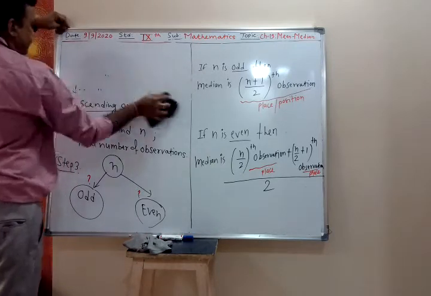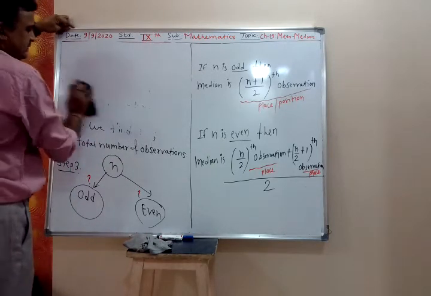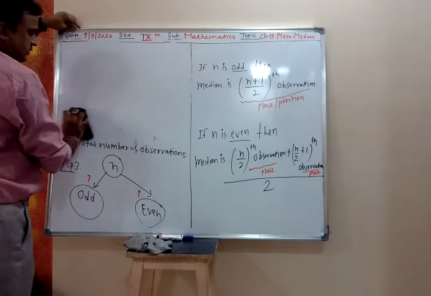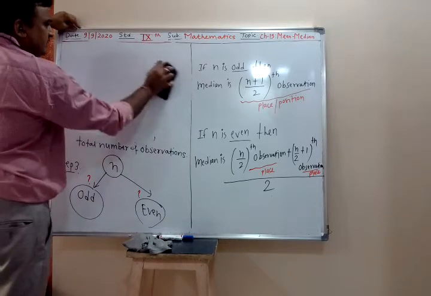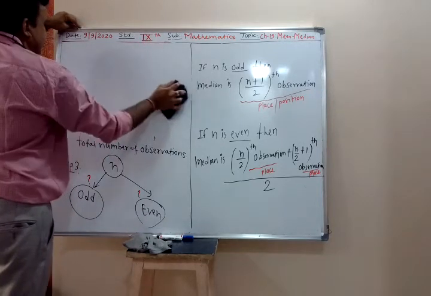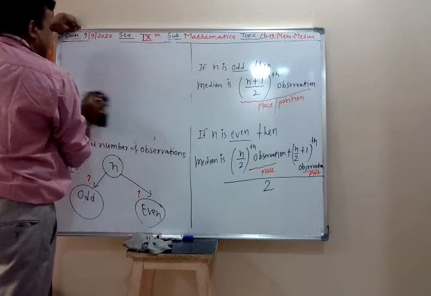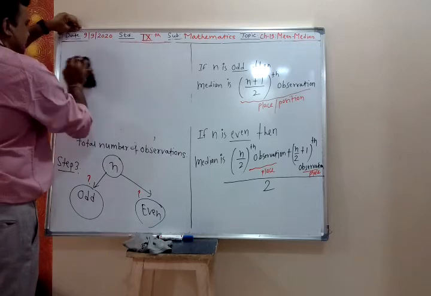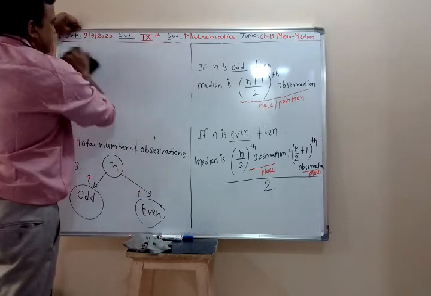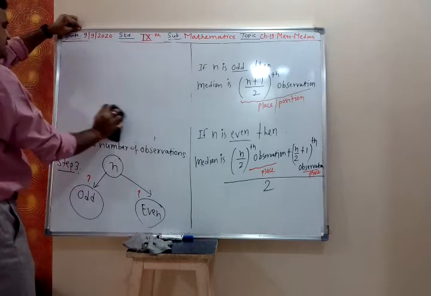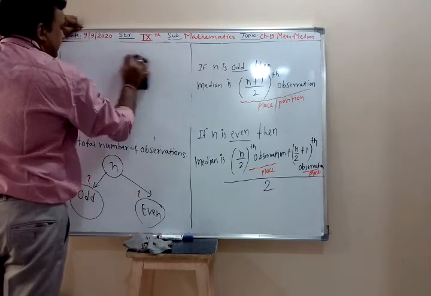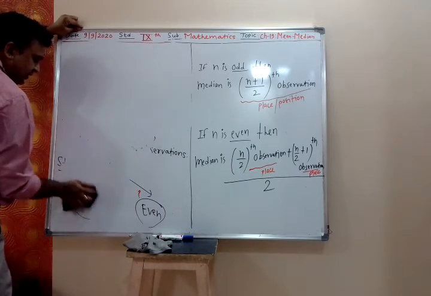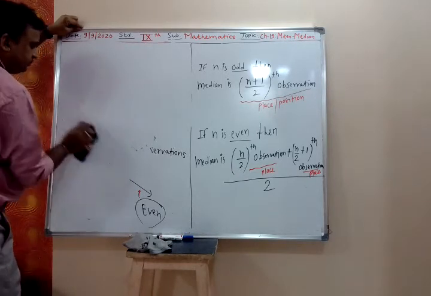Now we'll see the problem. In median, place means position, for example 5th, 6th, 7th position. At the 5th, 6th or 7th position, whichever number is there, that number we have to write, and that will be the value of the median.